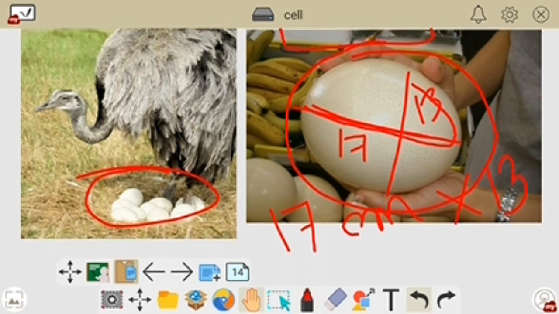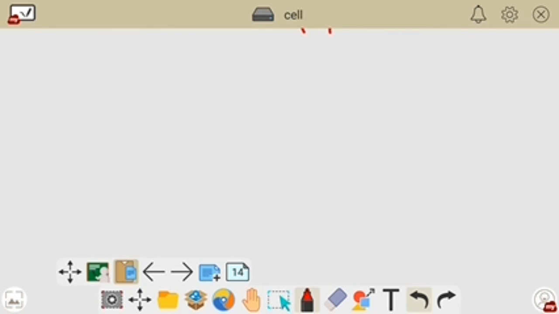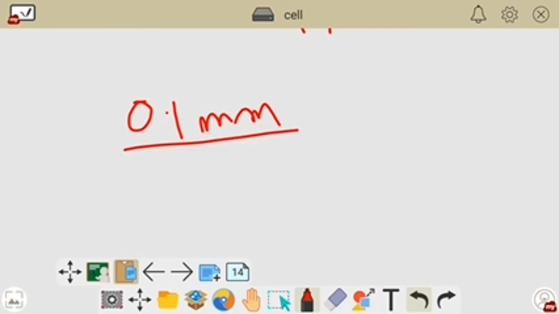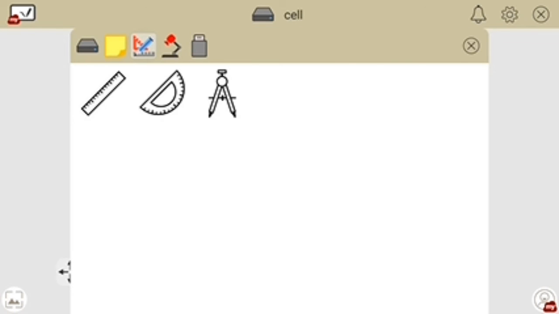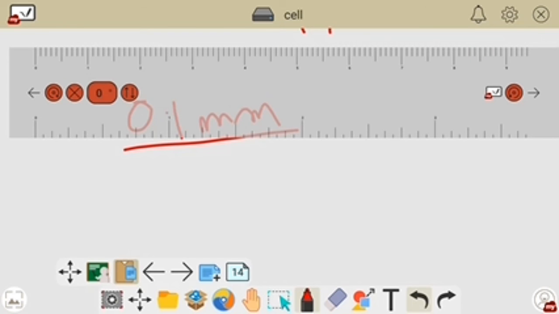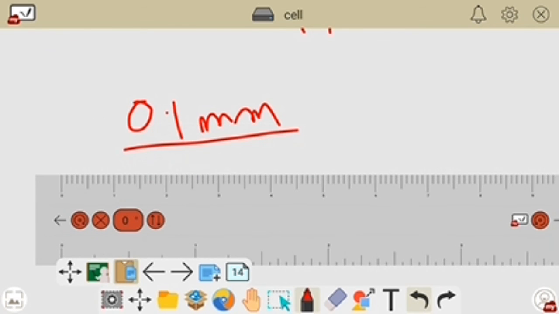So what is the size of a human cell? The size of the human egg cell is 0.1 millimeter. If you look closer at a scale, you can see two divisions, this one and the next one.